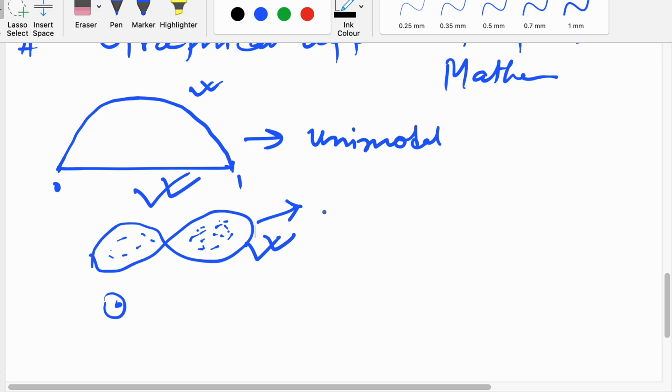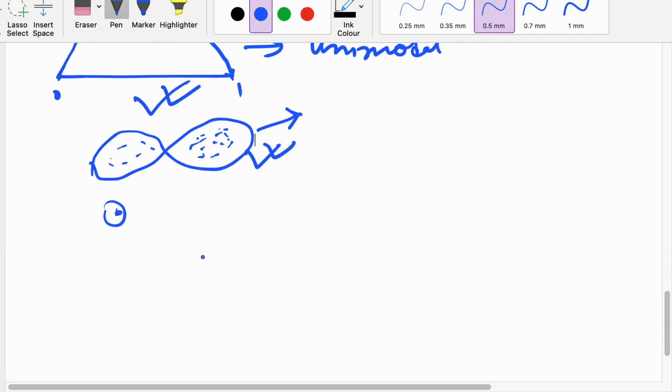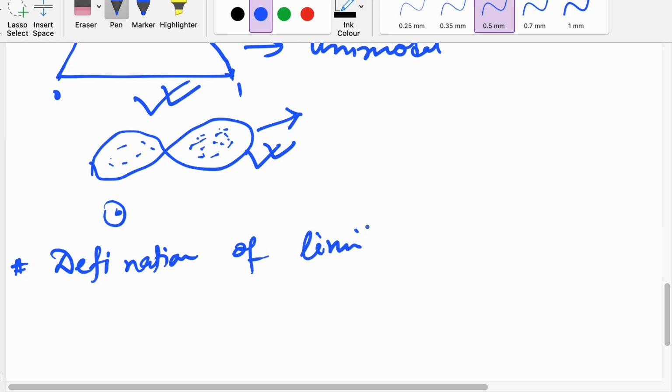That's it. Now, what do we have to know a priori for this class? As I say, we only need 12th-grade mathematical background. That means we need a little bit of limits. We have to know the definition of the limit, and a little bit of set theory.